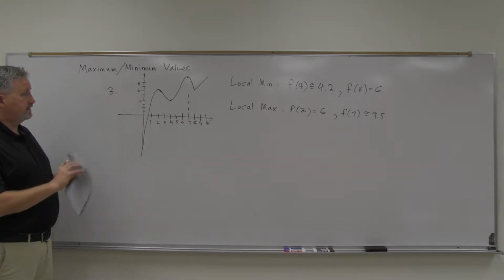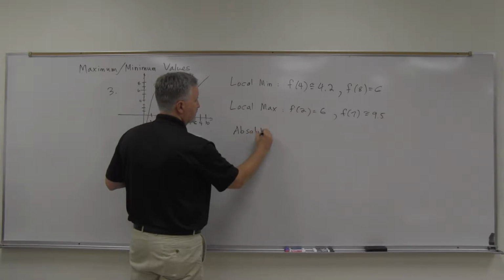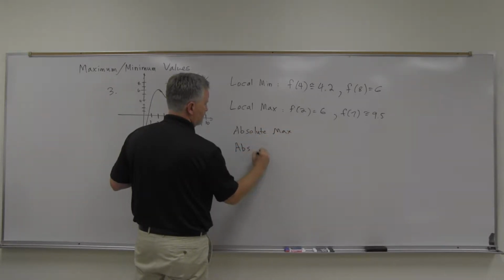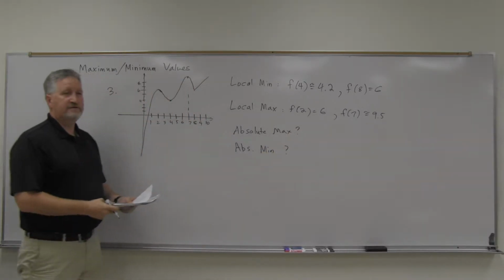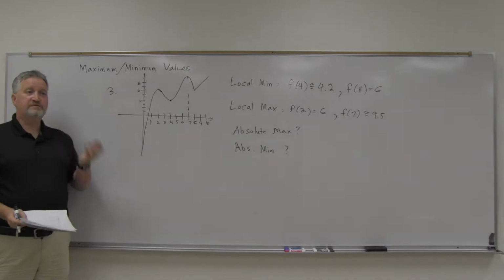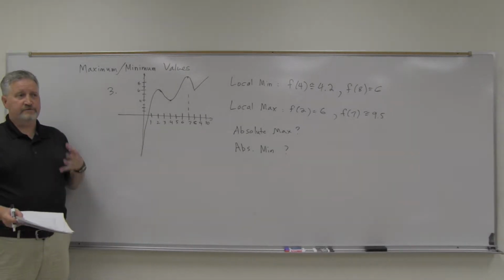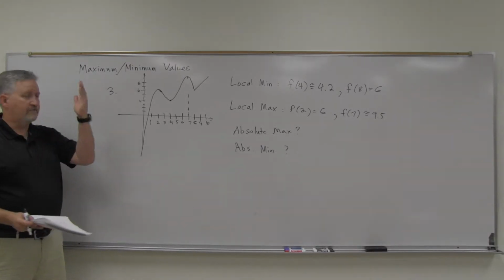Now, just mention here, as far as absolute goes, on the absolute max or min, you look at the entire domain or specified domain. In this case, I haven't really specified, so it's everywhere.